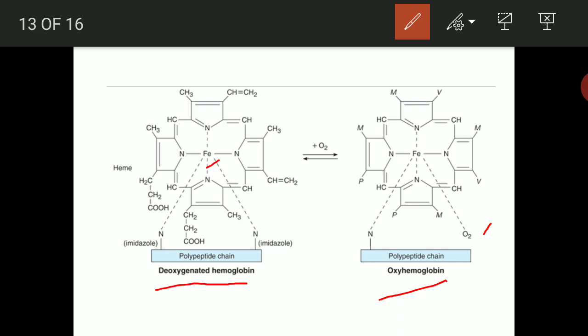So this is different from oxidation, and because of that it is called oxygenation. Deoxygenated hemoglobin is when oxygen is not bound to hemoglobin, and oxygenated hemoglobin is when oxygen is bound to the hemoglobin.